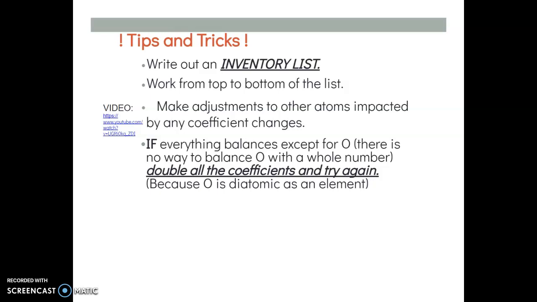The reason for that is oxygen is diatomic as an element. So if oxygen exists on its own, not bound to anything, it's always going to be O2. And because of that, it can't balance with an odd number. So if you have O2 that needs to be balanced, you're probably going to have to double it and start again. So if you get to the end and you find that your oxygen is not balanced, you're going to have to double it and then do it all again.